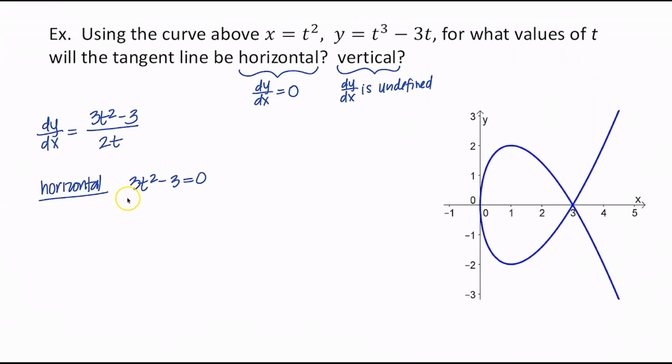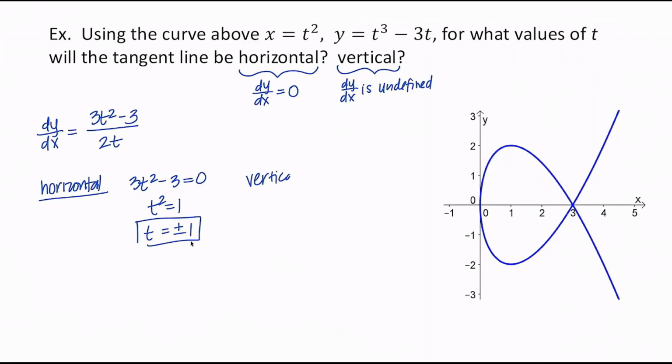I can factor out a 3 and then factor the difference of squares, or here I can add 3 and then divide by 3. So I get t squared is equal to 1, so t is equal to plus or minus 1. So at t equals positive 1 and t equals negative 1, that's when the tangent line will be horizontal.